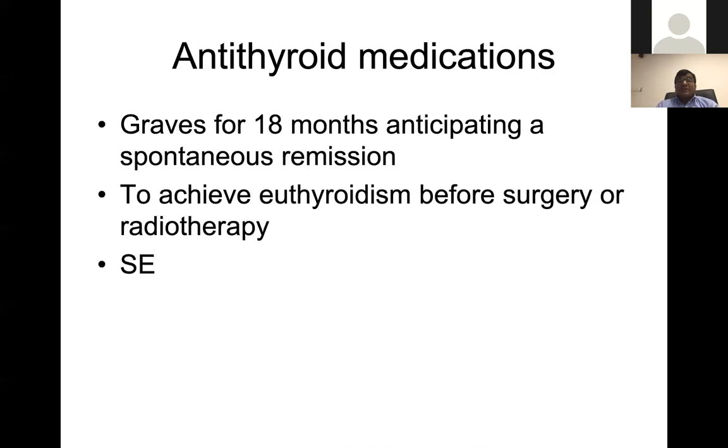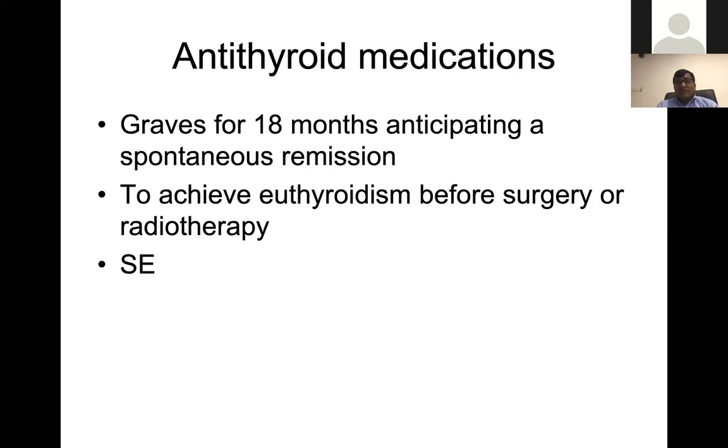Then some of them can cause allergic reactions like urticaria, skin rashes, and so on. They are not very dangerous, but sometimes these can also cause hepatitis, drug-induced hepatitis.